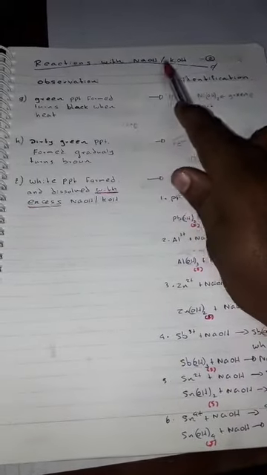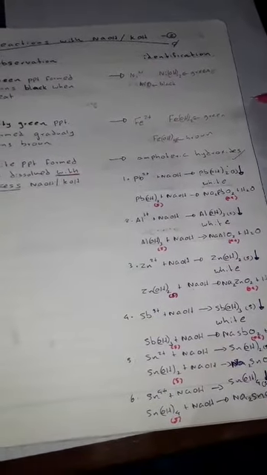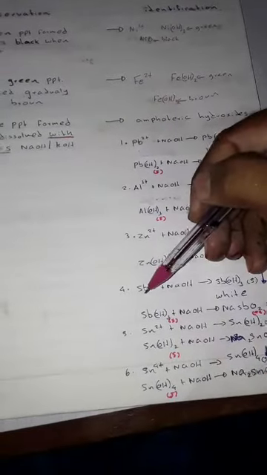When sodium hydroxide or potassium hydroxide is added, if it makes a white precipitate at the beginning, and if it dissolves with excess sodium hydroxide or potassium hydroxide, definitely there is an amphoteric hydroxide. What are the amphoteric hydroxides? That means there should be amphoteric cations: lead, aluminium, zinc, Sb3+, Sn2+, Sn4+.